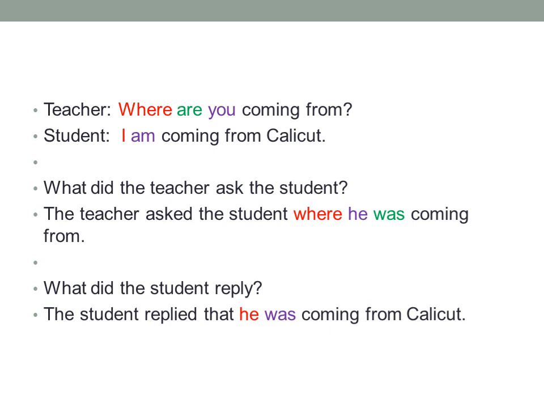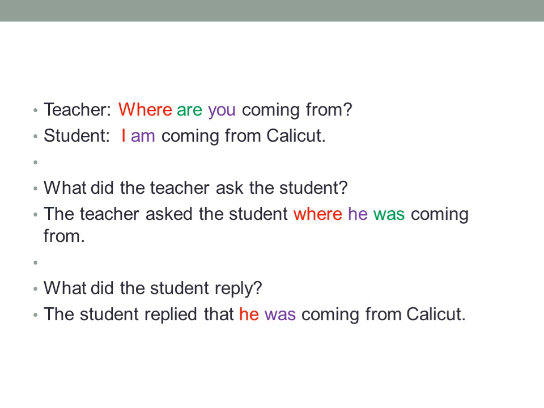So in the question, we had the subject you, and we changed that subject into he. You becomes he or she, which is denoted in violet color. And you can see the auxiliary which is marked in green color.